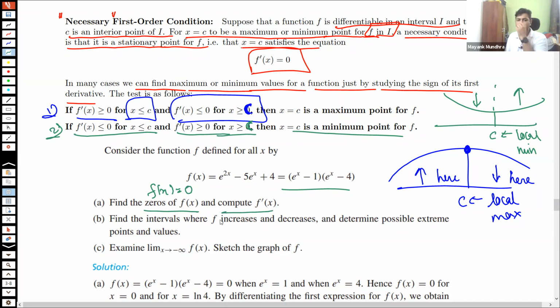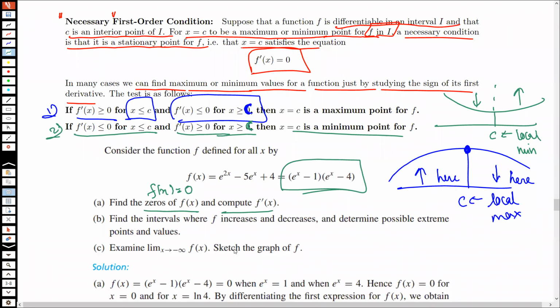First part, what are the zeros of this function? At what x will this function become 0? So 0 and log 4. Very good.